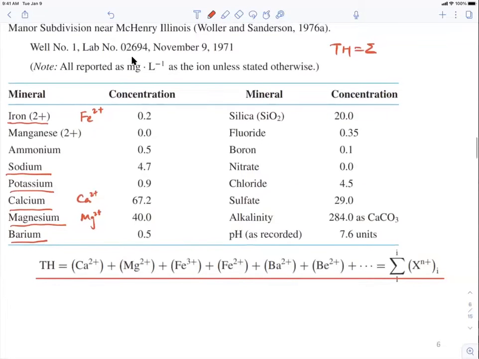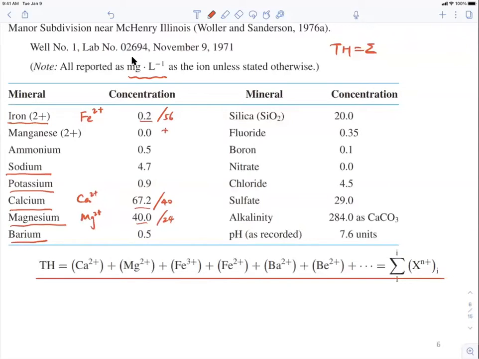Since here it is reporting milligram per liter for all of these metals, we need to divide them by the molecular weight. Divide this one by 40, this is the calcium's molecular weight. Divide this one by 24, and divide this one by 56, the molecular weight of the iron.